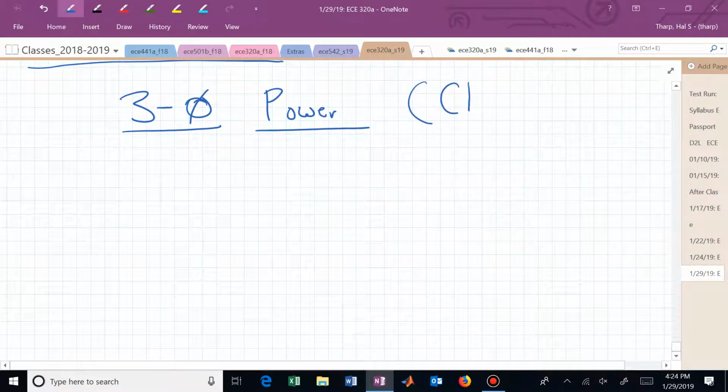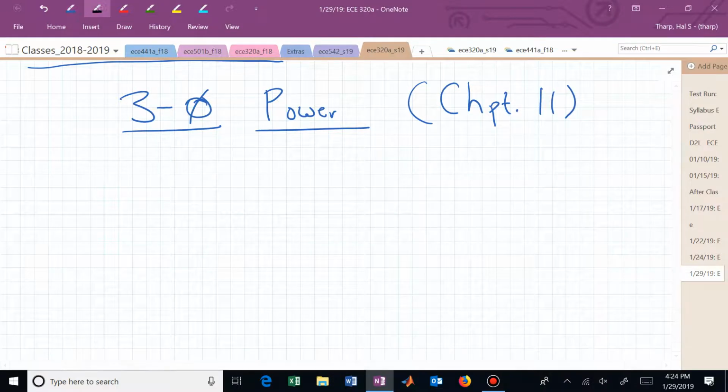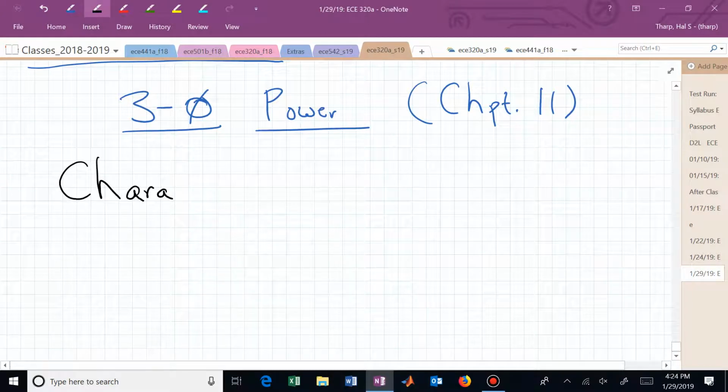This is chapter 11. And why are we interested? Let me just give you a high-level understanding of why we might be interested in three-phase power. Why is there a chapter 11 in this book? Can't we just tear it out and throw it away?